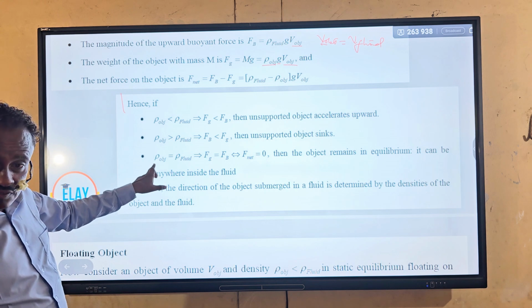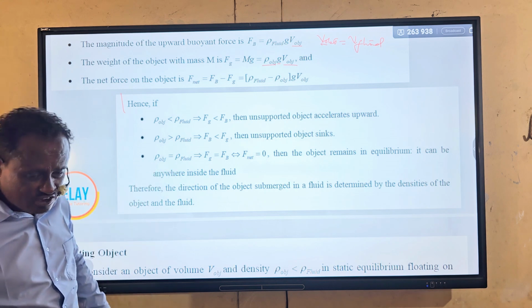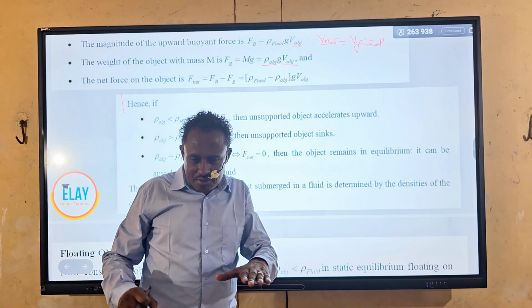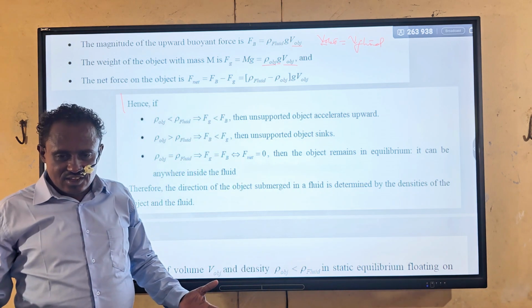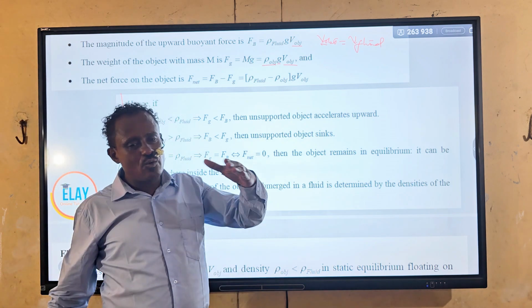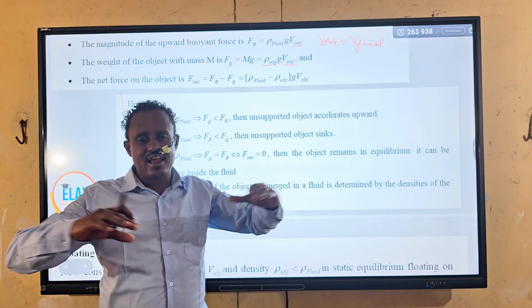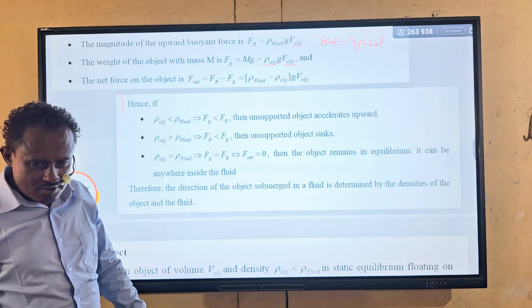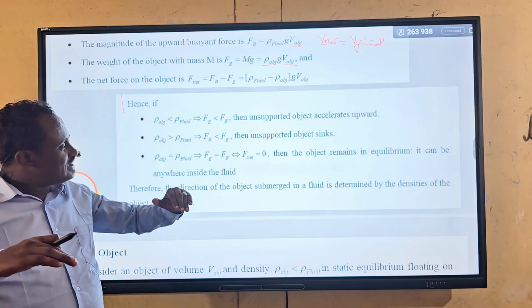Now, if the density of the object and the density of the fluid are equal, what does this mean? No net force. The net force is zero, meaning the buoyant force and the weight of the solid are equal. They are balanced, so they are at equilibrium. When an object is at equilibrium, it is at rest.